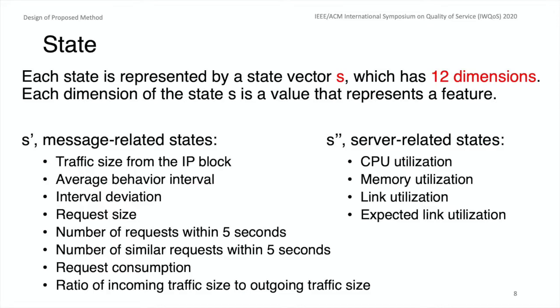S prime basically tells the agent the client's behavior model to figure out how likely this client would be a malicious client. Also, we have server-related state S double prime, such as CPU utilization, memory utilization, and link utilization. S double prime basically tells the agent how dangerous the current environment is, and helps the system figure out the redundancy of the current victim and how likely it is under an attack.